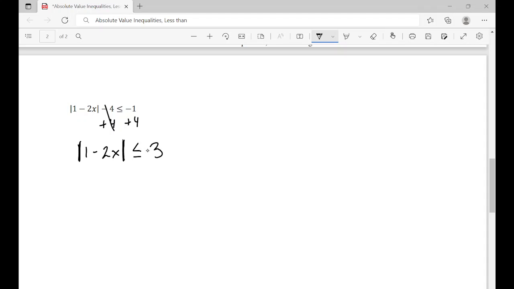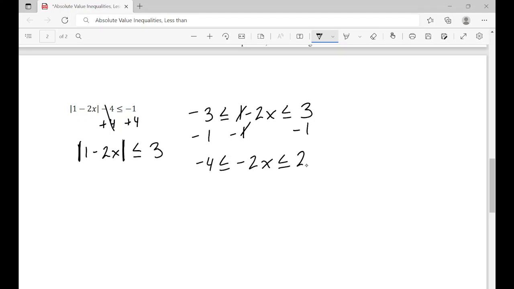Since it's by itself now, I'm going to take the 3 and move it over and call it negative 3. So negative 3 less than or equal to 1 minus 2x less than or equal to positive 3. Now get x by itself, subtract 1 from everything. So I'll get negative 4 less than or equal to negative 2x less than or equal to 2.